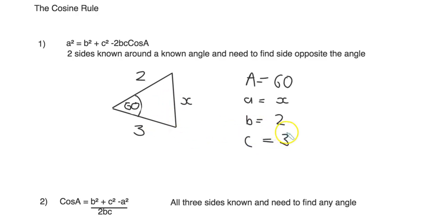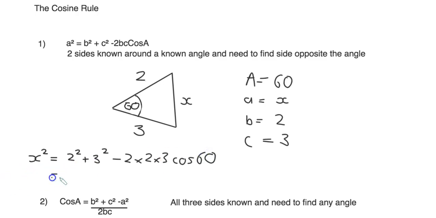Then we can substitute all this information into this formula. We're going to get x squared is equal to 2 squared plus 3 squared minus 2 times 2 times 3 cos 60.